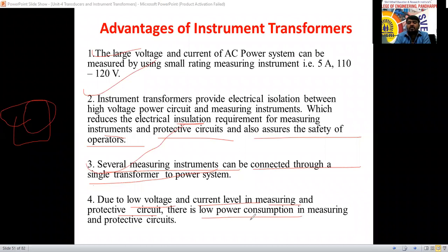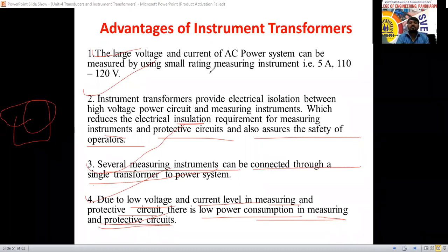The power consumption will be very low. So these four are the advantages of the instrument transformers.